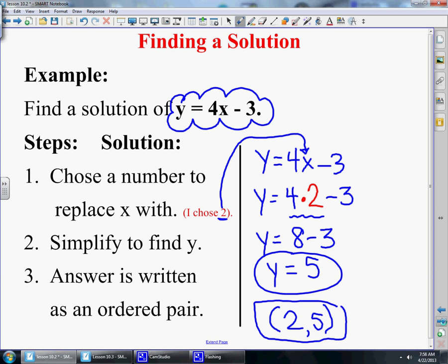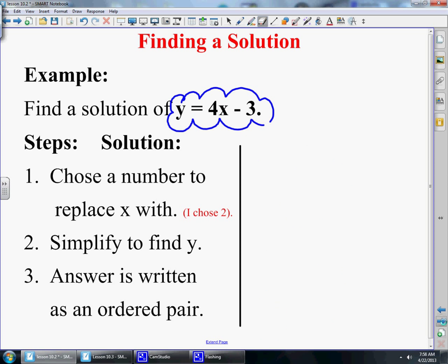If you wanted to, you could pick another number. So we know 2, 5 is a solution. We could pick another number for x. This time we can say x is equal to 1.